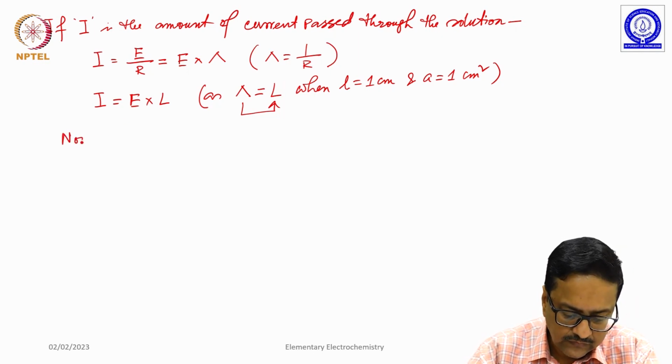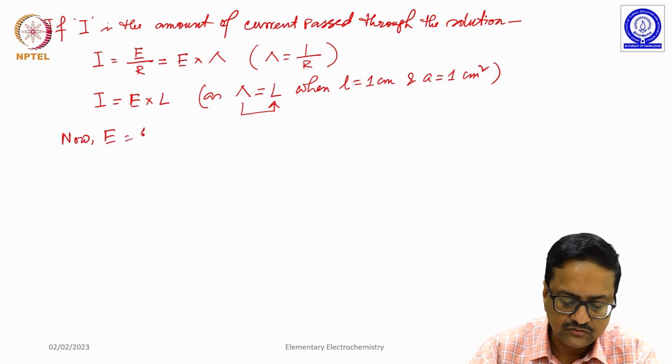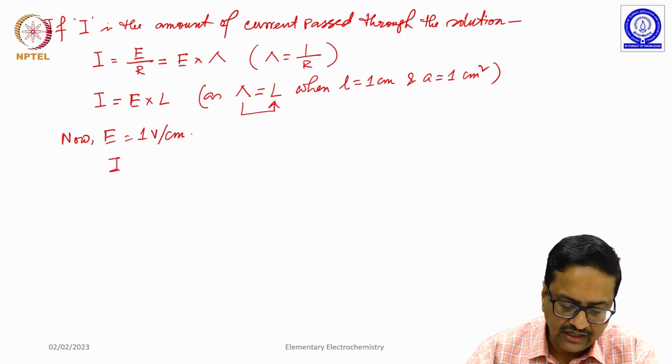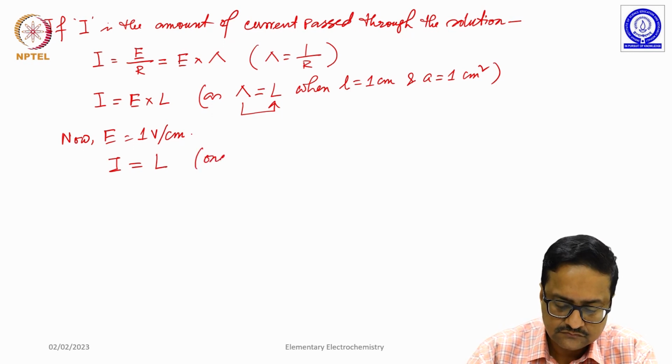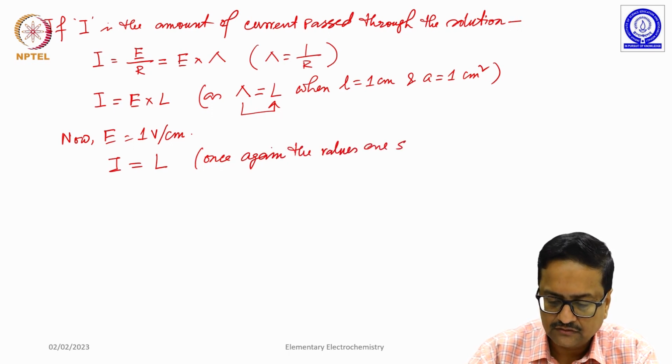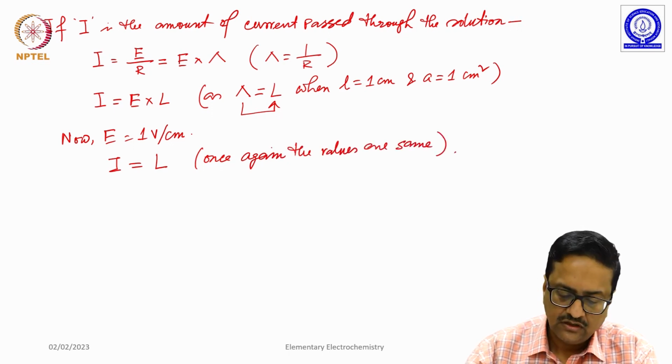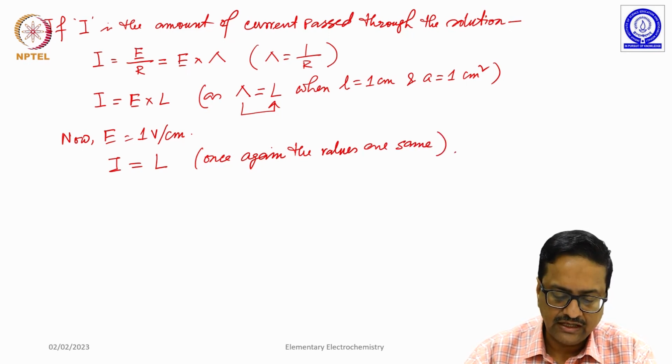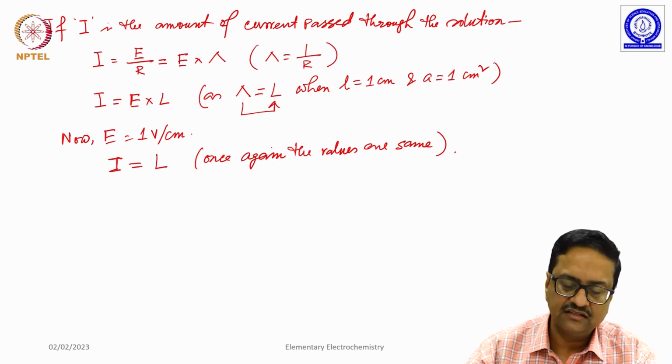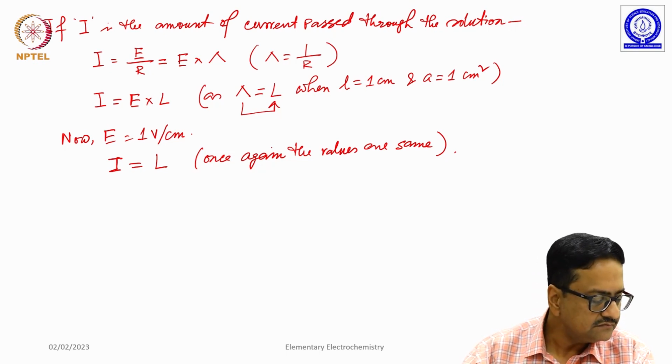Now, in this case E is equal to 1 volt per centimeter. So, therefore, one can write I equal to L. Once again, the values are the same. Do not confuse that the units of L and I are the same. So, I, if it is ampere, whatever the value of L is, it is in ampere, right.